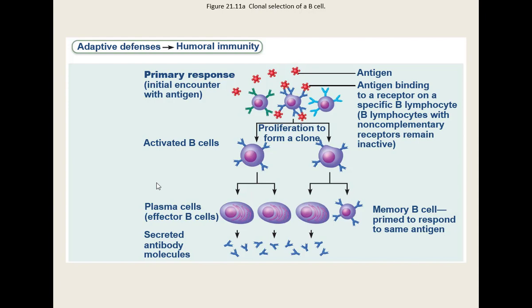Once we have a lot of these clones, they then become the effector cells. Most become plasma cells, in the book picture, 3 out of 4, and the plasma cell's job is to secrete out antibodies. If it doesn't become a plasma cell, it becomes a memory B cell. Again, it still has that same receptor on the outside, so that it knows how to recognize those little red things that are up there.